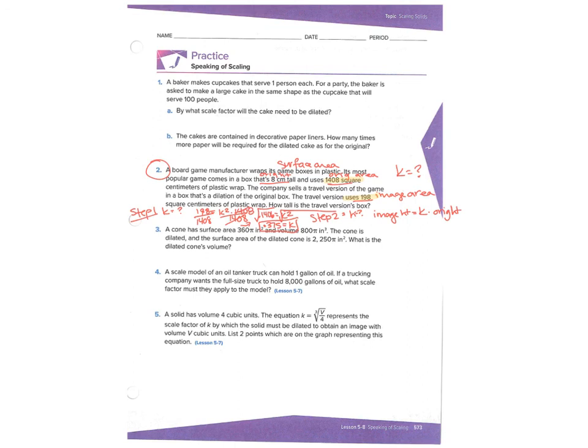That's how my dimensions change. So I know that my image height is equal to my scale factor, 0.375, times my original height of 8 centimeters. When I multiply 0.375 by 8, I get 3. And so my travel box would be 3 centimeters in height.